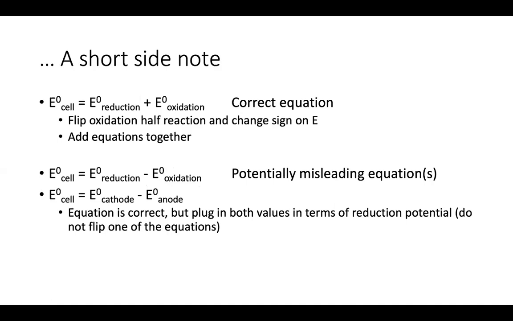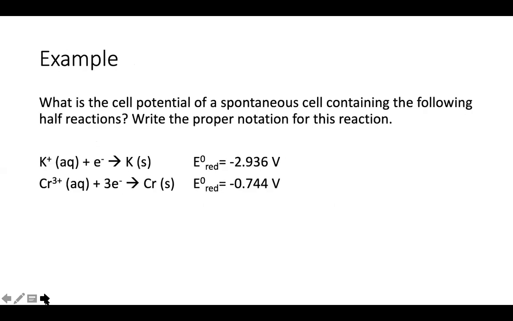You are just plugging in the reduction potential of the cathode reaction, subtracting from it the reduction potential of the anode half reaction. Whichever one works for you is perfectly fine. Over the past 5 years, I have always been drawn to the top reaction and that process. It's made more sense to me, but again, either will get you the correct answer.